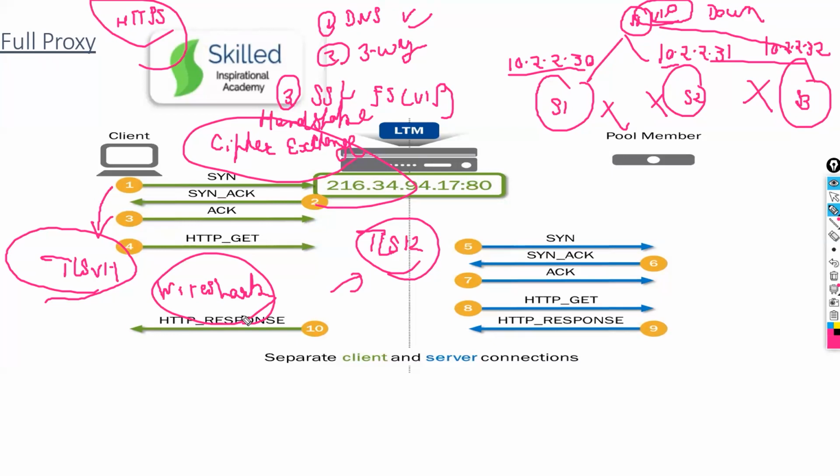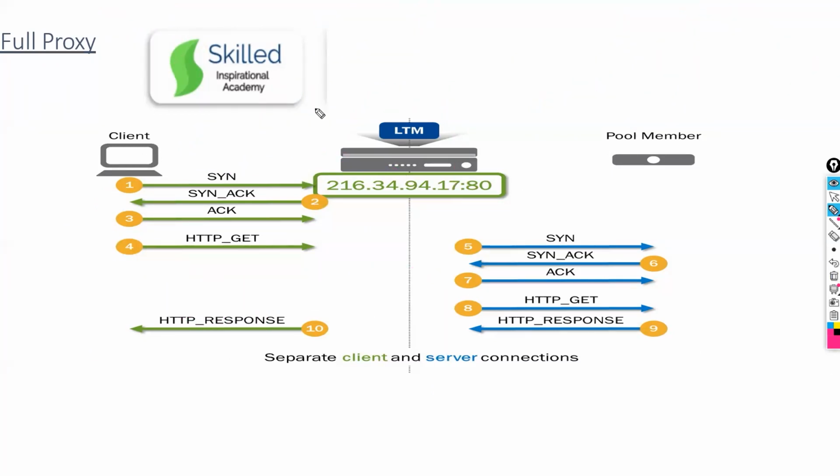You will need to tell them that, hey, there is a mismatch. Do I need end-to-end encryption or can this encryption also work? Now here, guys, one term you need to understand. There are two connections here. One is client to F5.